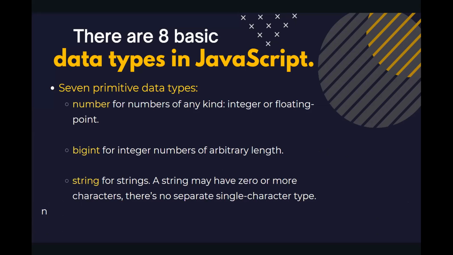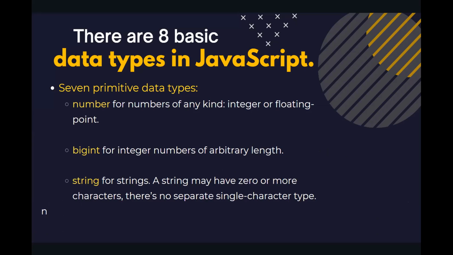These are the basic data types in JavaScript. We have more, but the most common are 8. So we have a number. Numbers would be like if you have age, a variable of age, say equals 14. Number as well would accept floating point.